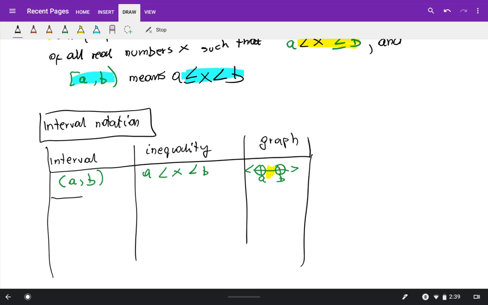Next one, we have the closed interval, a comma b in brackets. In terms of inequality, that means x is greater than or equal to a and less than or equal to b. Give me a second. Here, have the ice cream.